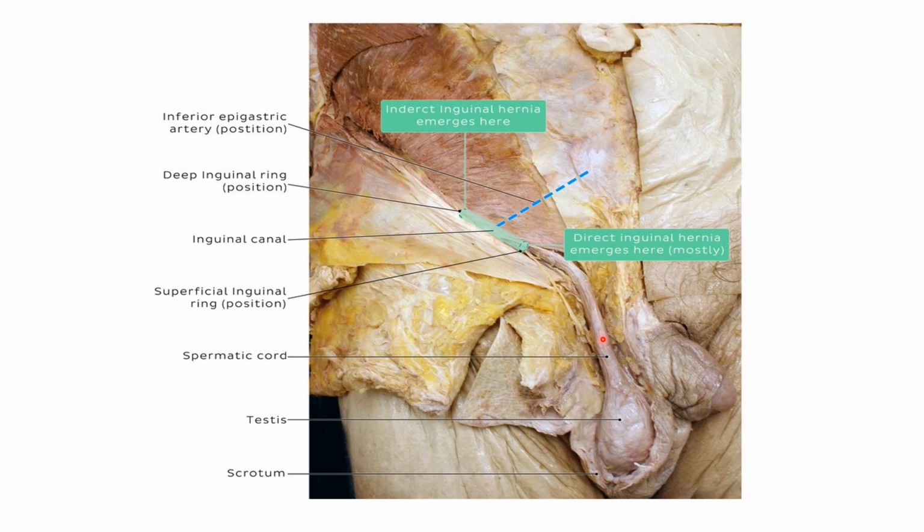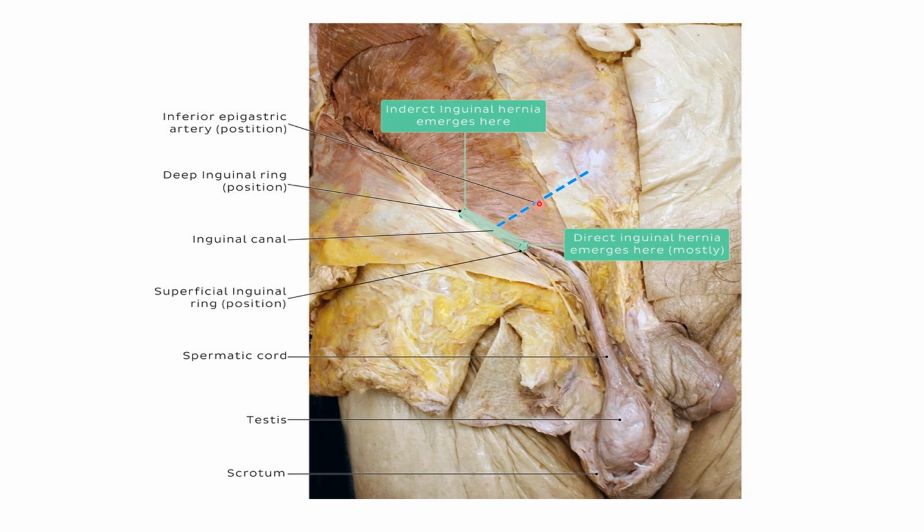If it was to be a content, then it would be lying inside the spermatic cord. It's coming out separately, so it's a content of the inguinal canal but not a content of the spermatic cord. And this blue interrupted line is showing you the position of the inferior epigastric artery.